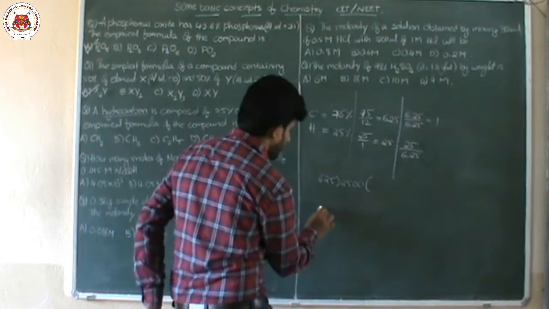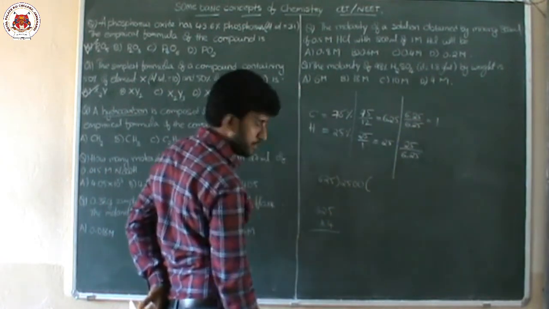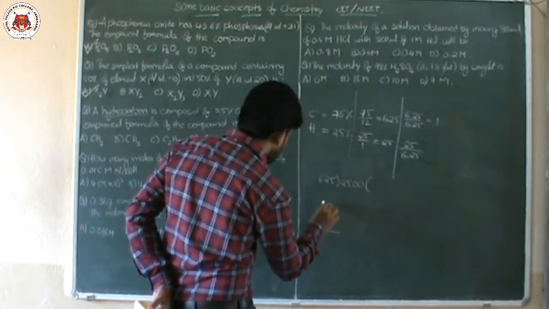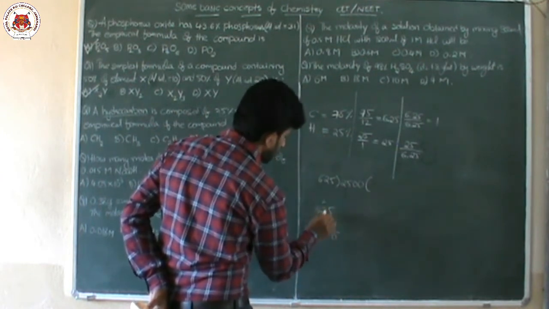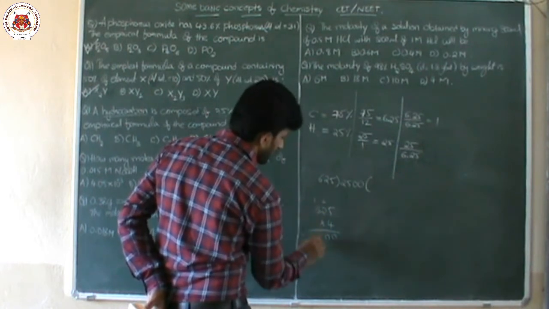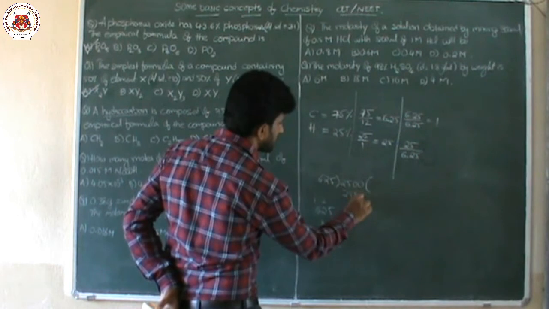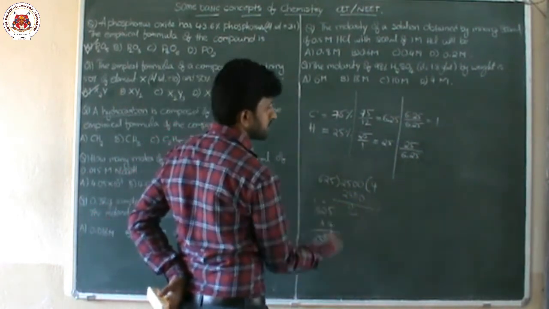Now what number can I multiply this by? If I multiply 625 by 4, I get 2500. So it is going to be divided exactly 4 times.